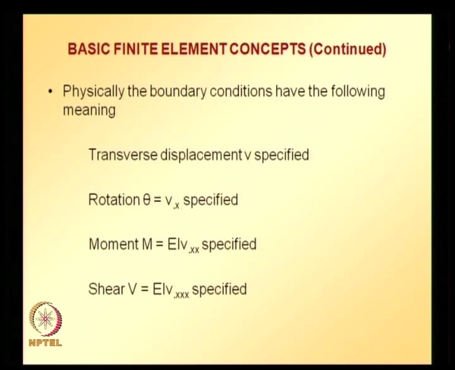So, if a differential equation is of order 2p, those boundary conditions of order 0 to p minus 1 are essential boundary conditions, and those boundary conditions of order p to 2p minus 1 are natural boundary conditions. Based on the thumb rule, we can classify the boundary conditions involving V and first derivative of V as essential, and those involving second and third derivatives of transverse displacement as natural boundary conditions.